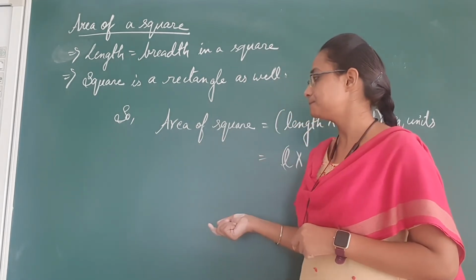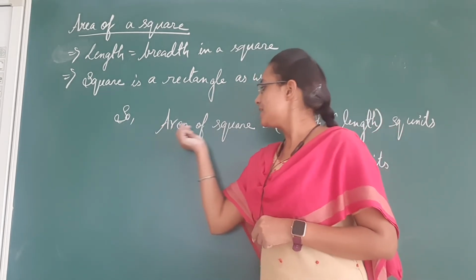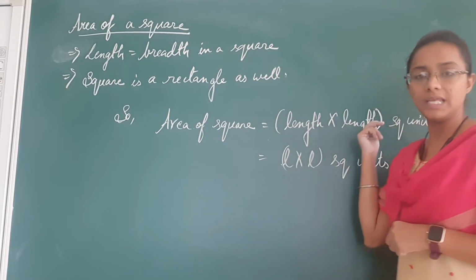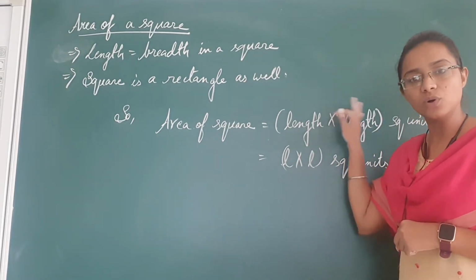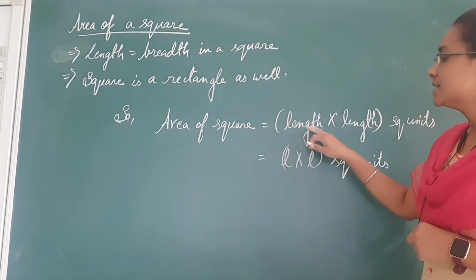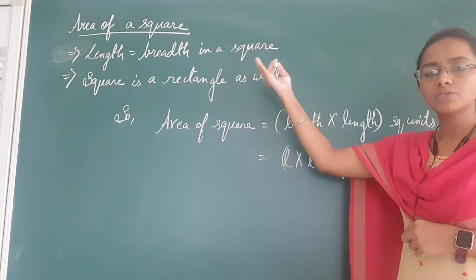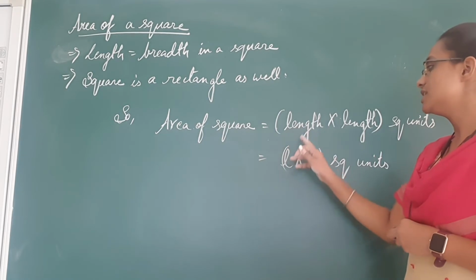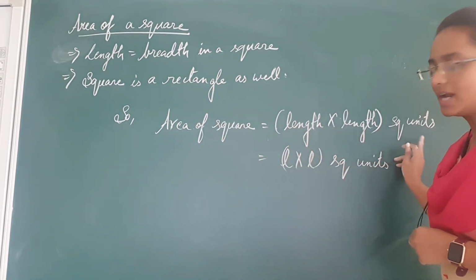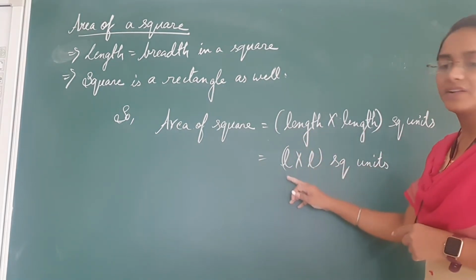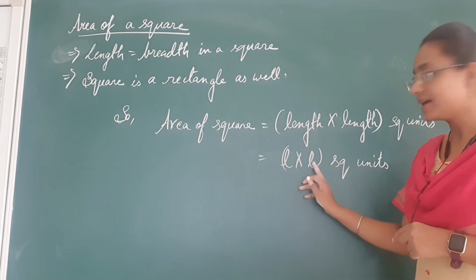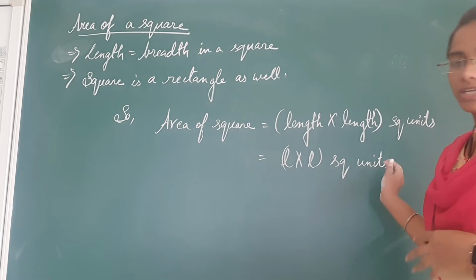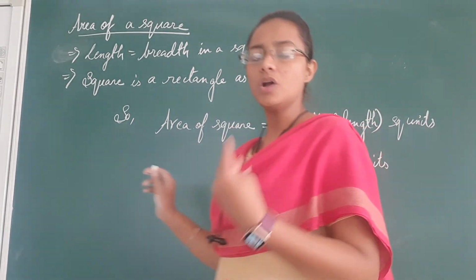So the area of a square is equal to length into length, as all sides are equal. So the formula to find the area of a square is length into length square units. We can write it as L into L square units. Units means any units, meter, centimeter or kilometers.